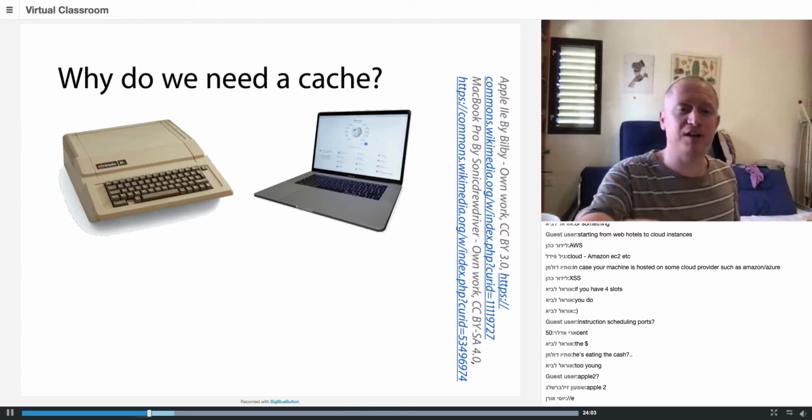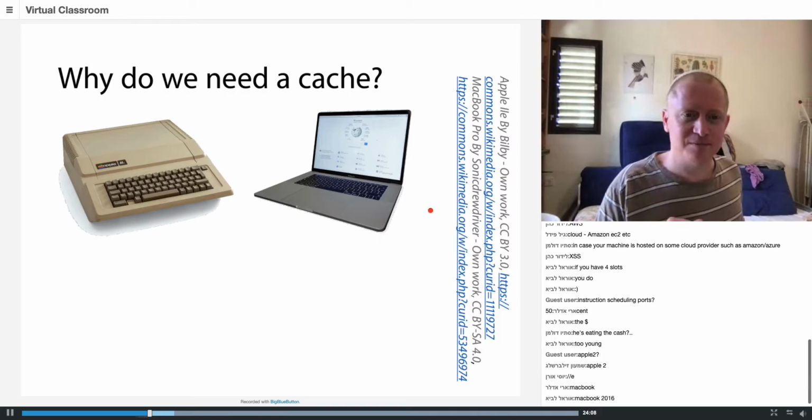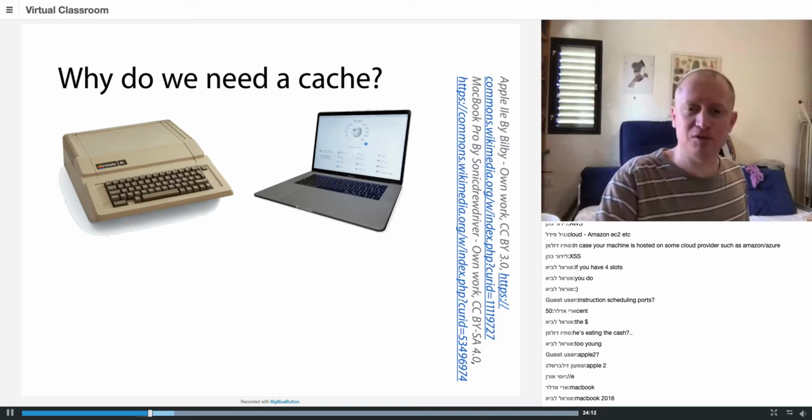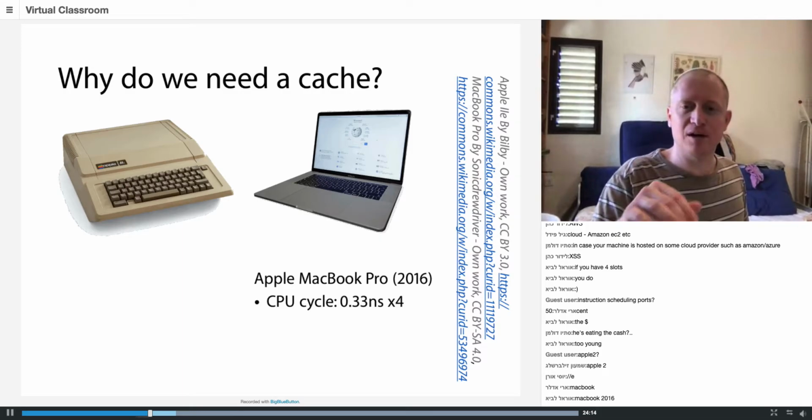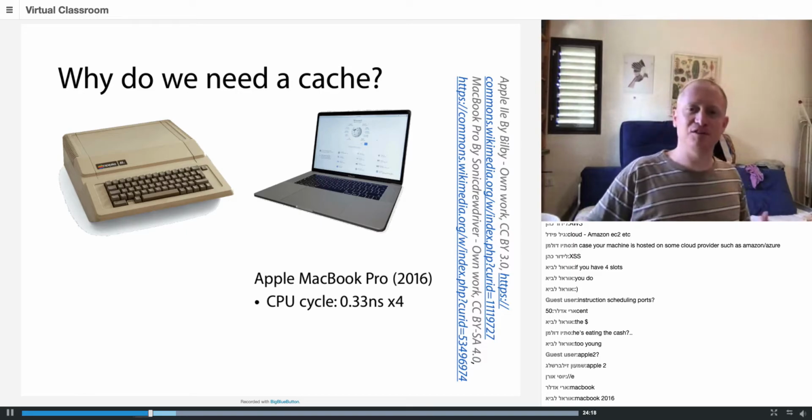And what is this friend on the right? Okay, this is a MacBook Pro from 2016. So let's compare the properties of these two machines.